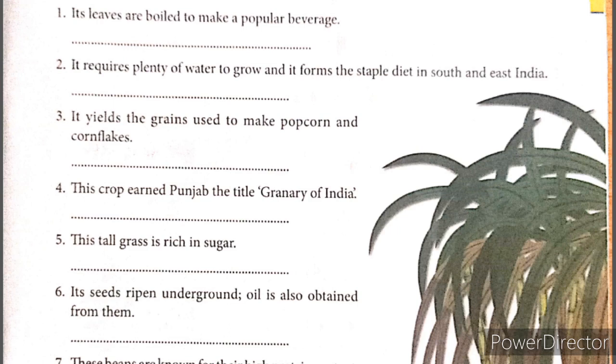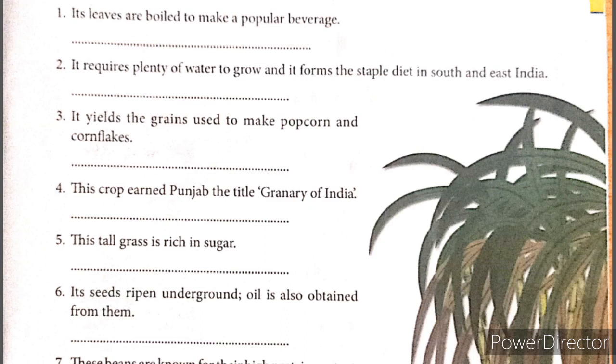The answer is your wheat. I hope you understood. So first one is your tea, second one is your rice, third one is your maize, and fourth one is your wheat. Now this tall grass is rich in sugar, so that changes into sugar cane. So the answer is your sugar cane.